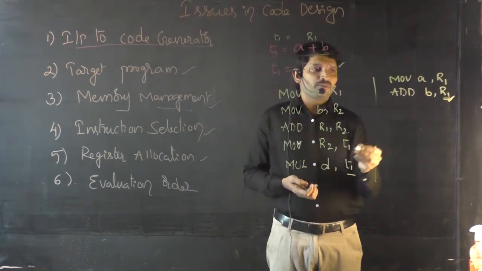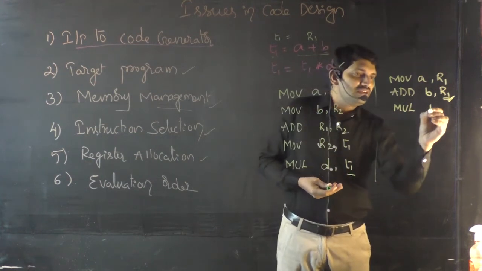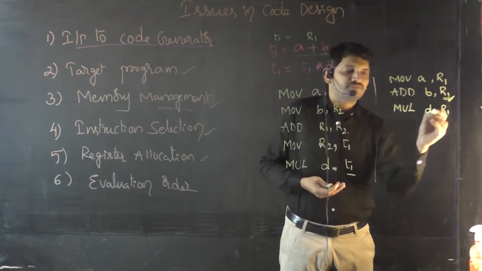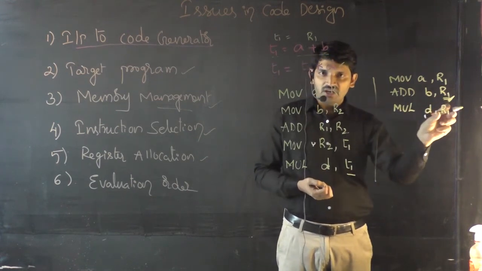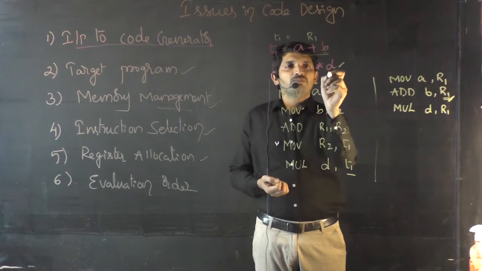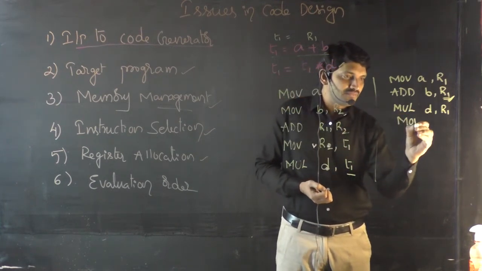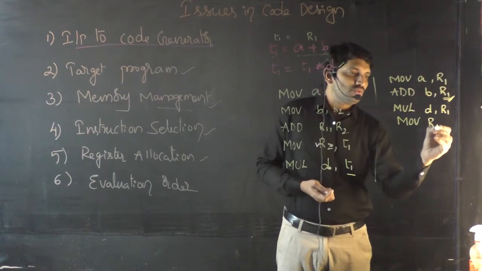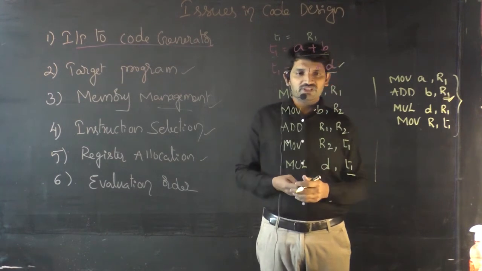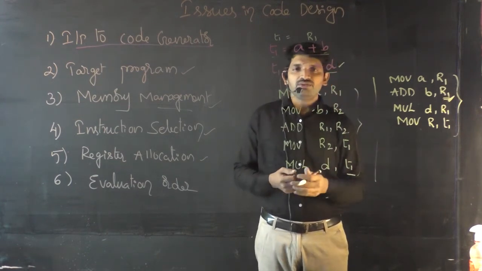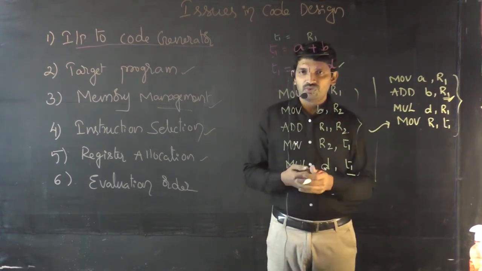Now come to the second operation. I perform multiplication MUL D, R1. That means the value residing in R1 is multiplied with D. And finally I move this R1 to T1. So here we got only 4 instructions. There we got 5 instructions. That means this is the optimized one.